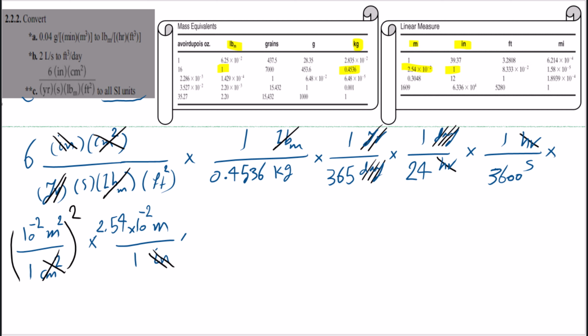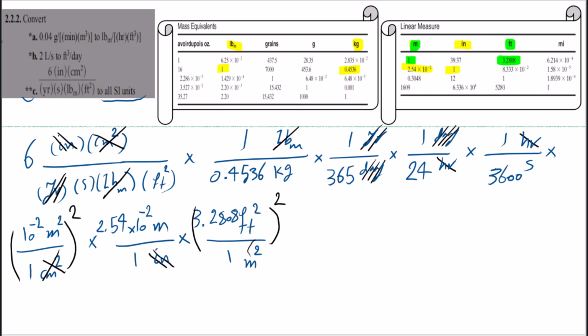The only thing that remains is square foot. We must convert it to square meter. 1 meter equals 3.2808 foot. But notice that we must power this to 2. Why?